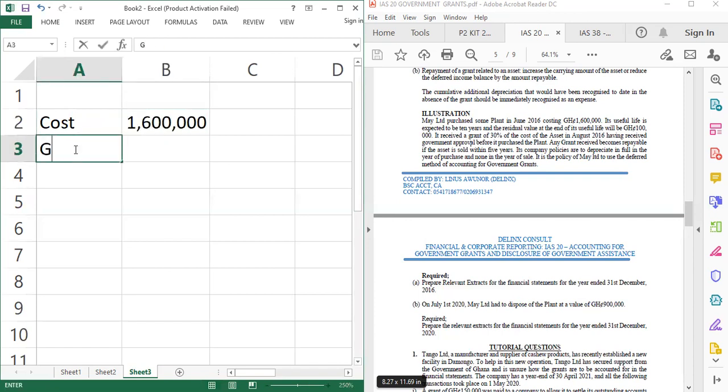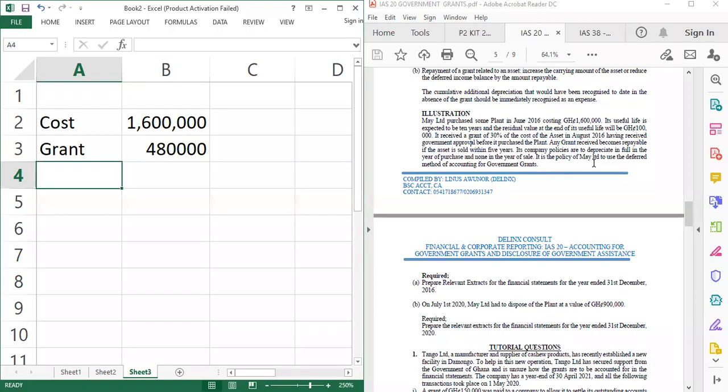So what is the grant given? The grant is 30% of the cost. So 30% of 1.6 million is how much? 480,000. Okay. When was the asset purchased? It's 2016.